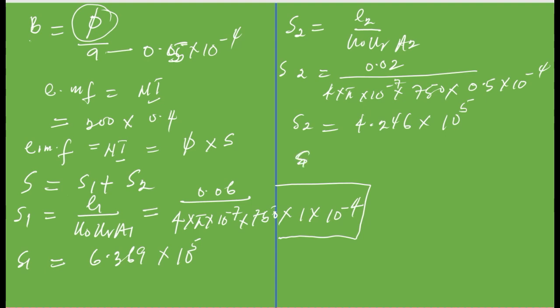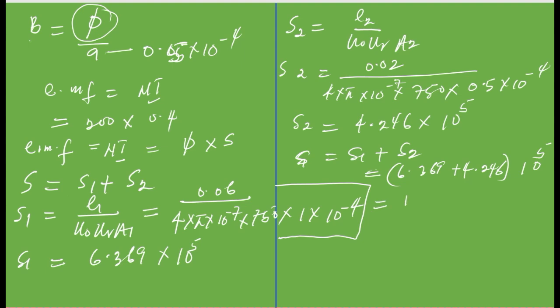Now, S will be equal to S1 plus S2. That's equal to 6.369 plus 4.246, both of them multiplying 10 raised to power 5.